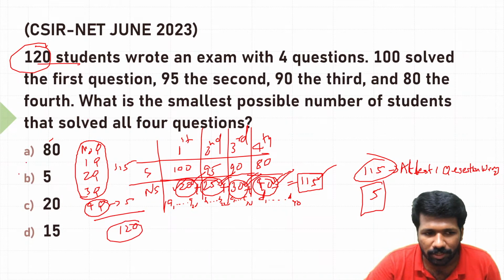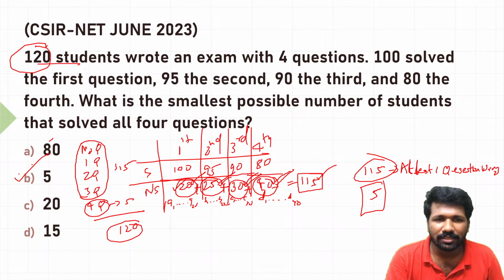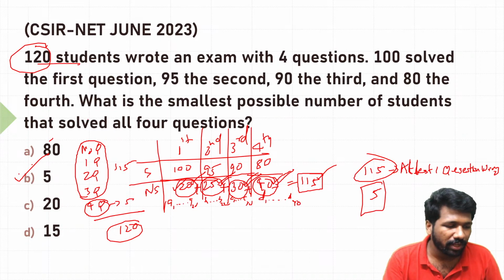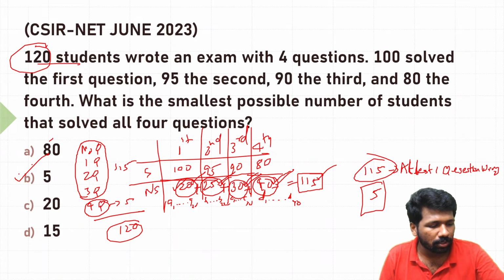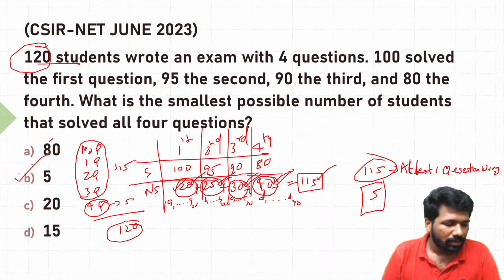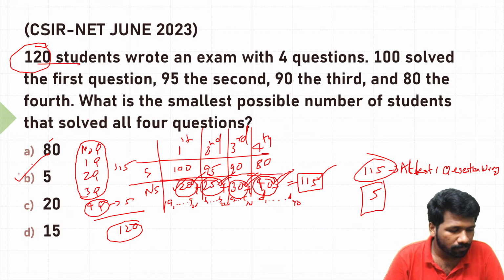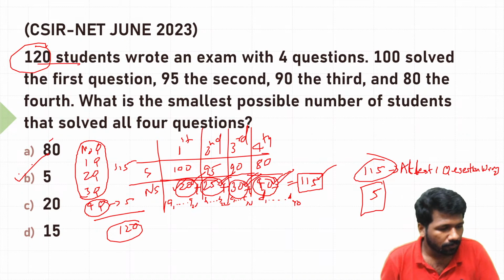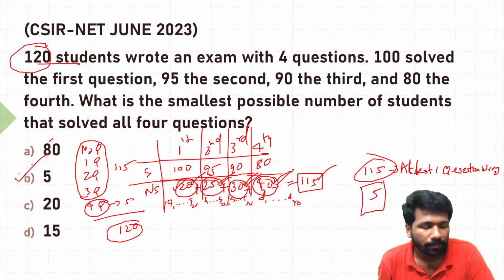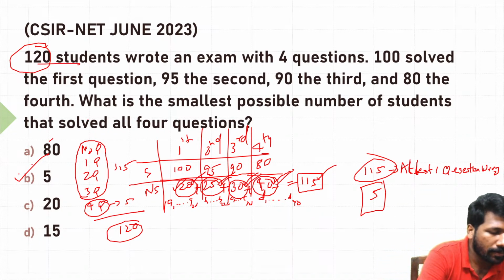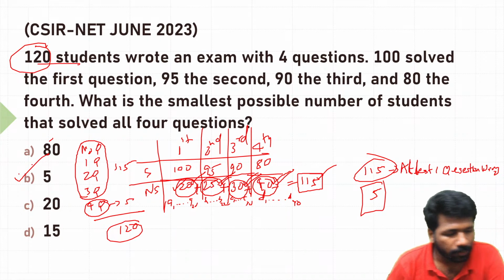How many of you understood it? How is 5 the answer? It's a very good question. Please respond. Is this clear? This was a NET exam problem, June 2023. Yes, I hope it is clear.